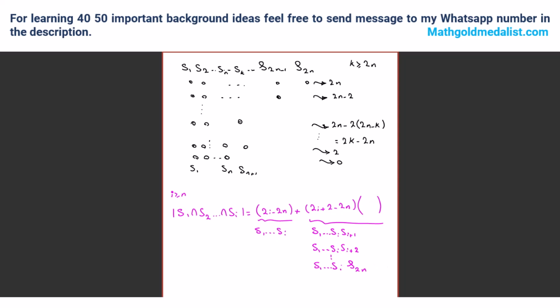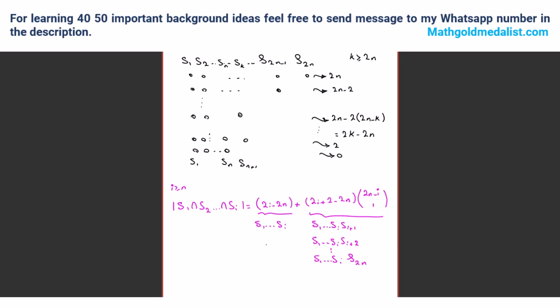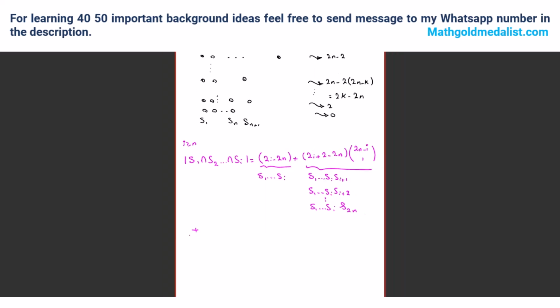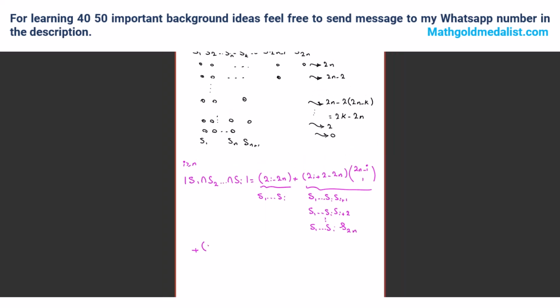So it would be what? Choose what? 2n minus i choose 1, right? Because from i plus 1 to 2n, we should select one of them. 2n minus i choose 1. Agreed? Next one is what? Plus 2i times what?